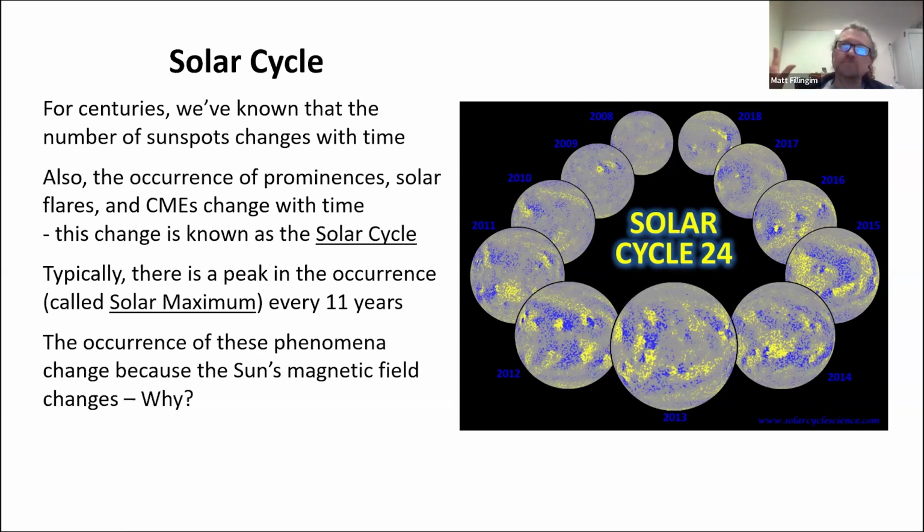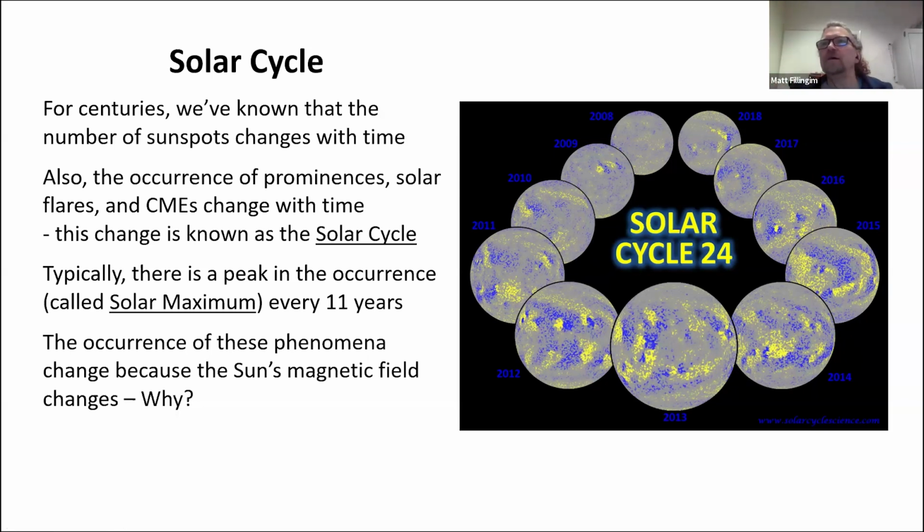It's all very blah, not any big regions of any one color. And as time goes on, you have all these regions of strong magnetic field, again, that are associated with sunspots and flares and coronal mass ejections. And so this is what we call solar maximum of cycle 24. So about 5 years ago, well, almost 10 years ago now.